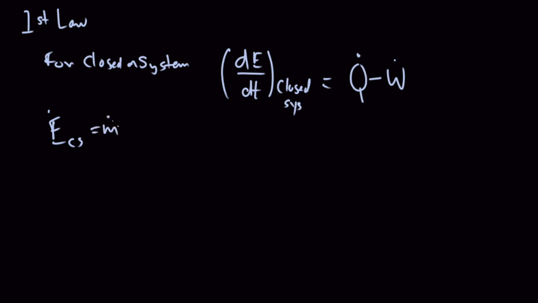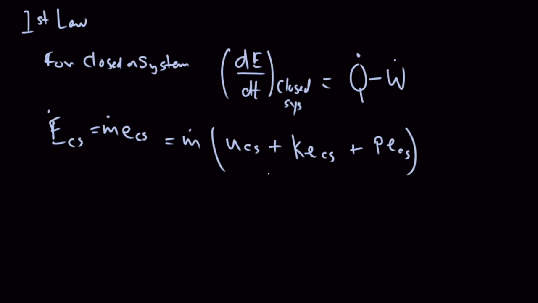This is equal to m dot times the specific energy. Remember, there can be only internal energy plus the specific kinetic energy plus the specific potential energy of the fluid crossing the control surface. So there are only three components we're looking at here.